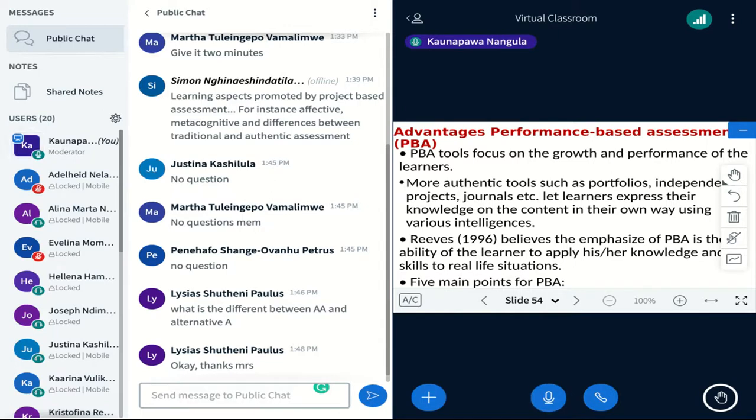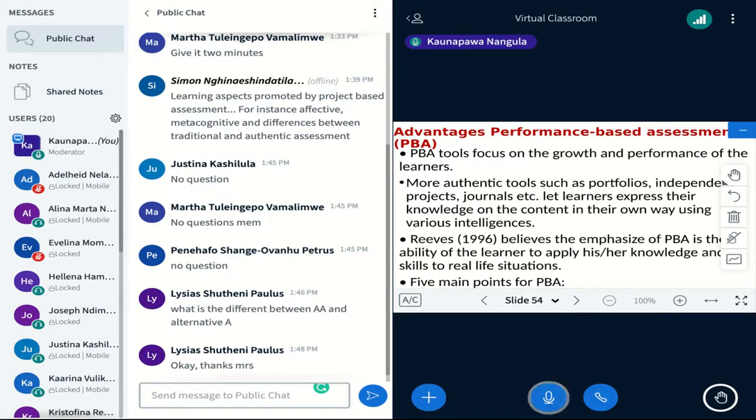So when we use performance-based assessment, because it caters for different kinds of intelligence, then obviously it measures better what the learners are capable of, rather than just focusing on words. Using pen and paper, which focuses on writing words and using language, may not be good for learners who are good at movement, for example.